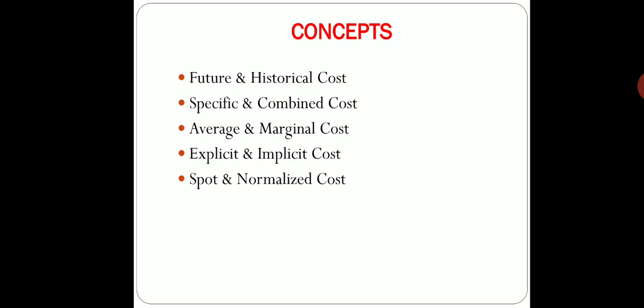And then, spot cost and normalized cost. Spot cost means the current cost, or the cost which the company pays on the basis of the market price. So current cost is also known as spot cost. And then normalized cost.